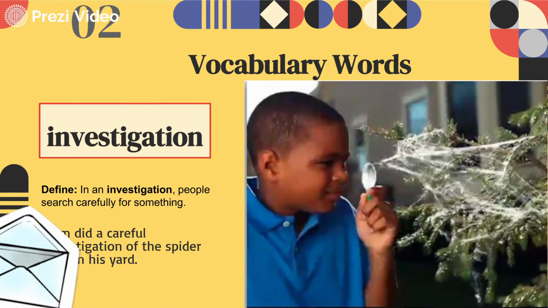Let's move on. We have the word investigation. To investigate something, people would search carefully for something. As you can see here, we have the boy. Let's name him Tom. Tom did a careful investigation of the spider web in his yard. So when you investigate, it means you look carefully.